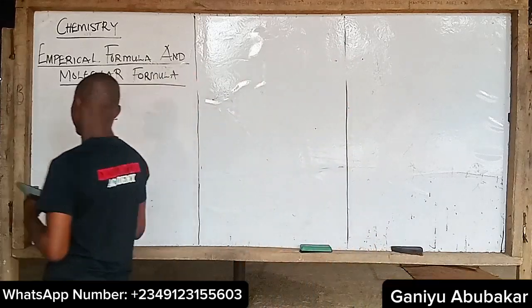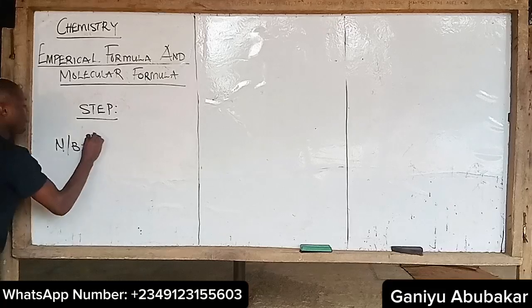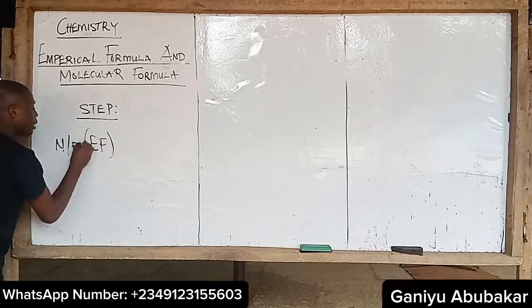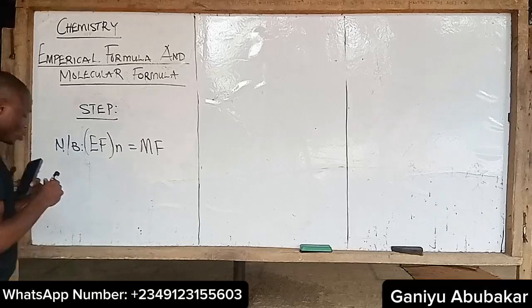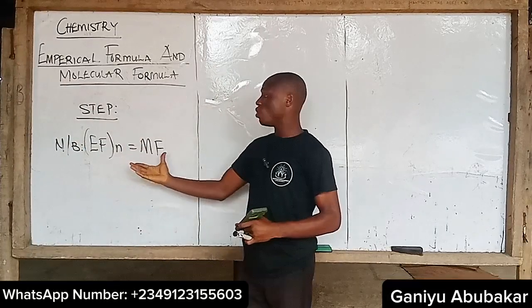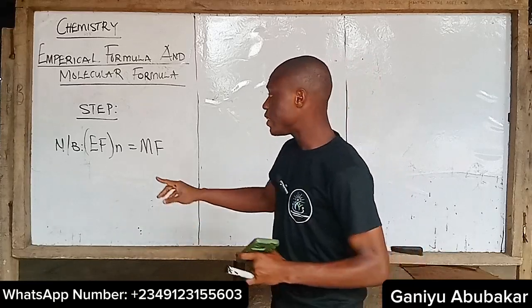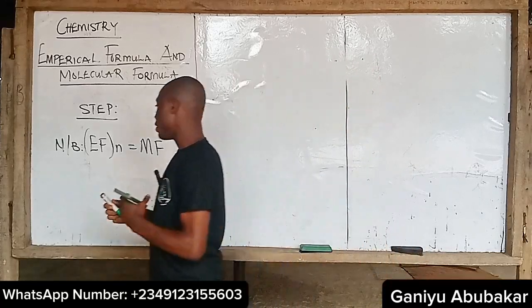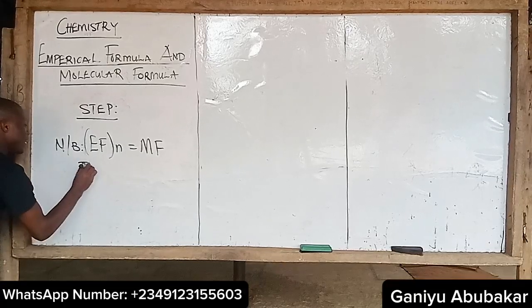Note that empirical formula times n gives molecular formula. So note that empirical formula times n gives molecular formula. By the way, what's n?